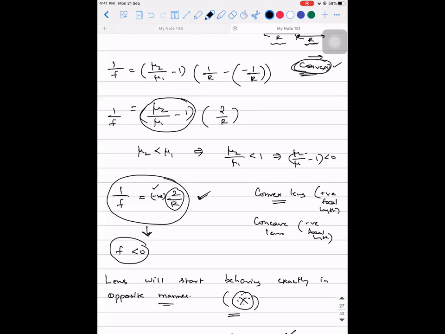If I used a convex lens, my final focal length should have come out as a positive value. But when I use the lens maker's formula and all these mathematical conditions, it is coming out as a negative value. So focal length is negative means what? Though you are using a convex lens, it is behaving like a concave lens. That is what I meant.